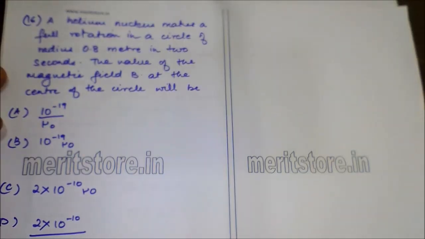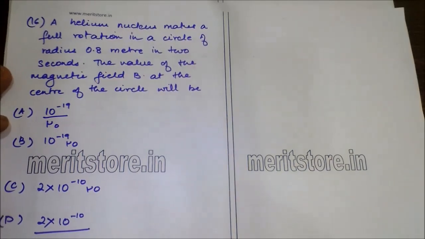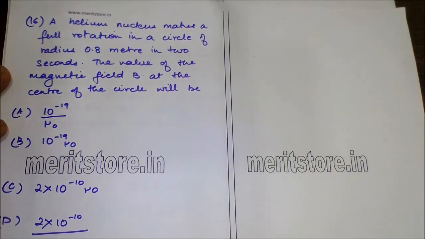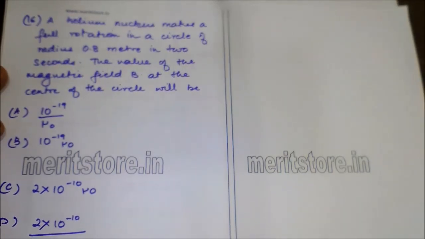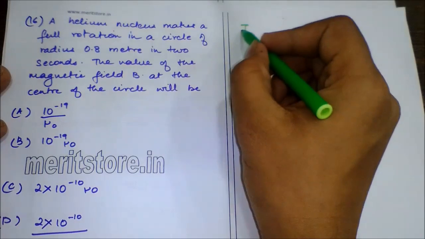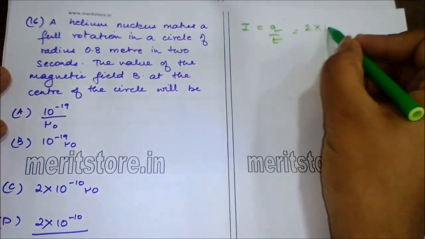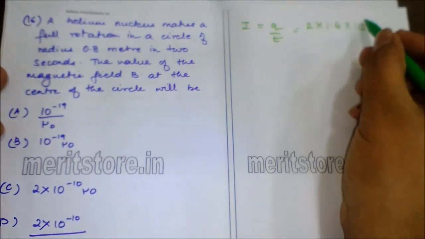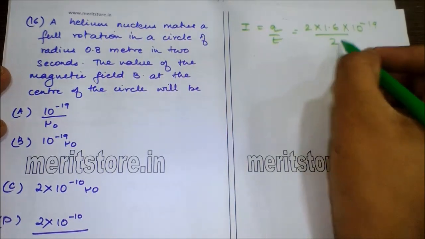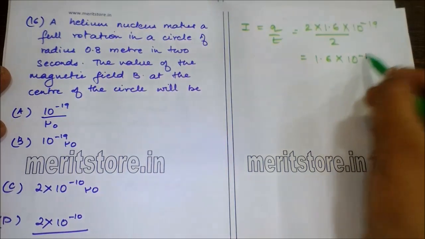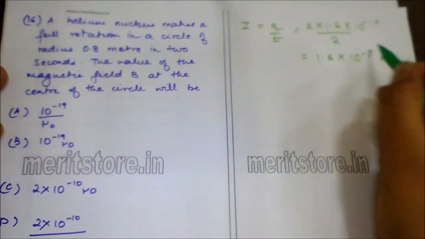Question number 16. A helium nucleus makes a full rotation in a circle of radius 0.8 meter in 2 seconds. The value of the magnetic field B at the center of the circle will be. So I is equal to Q by T, that is 2 into 1.6 into 10 raised to minus 19 upon 2, that is equal to 1.6 into 10 raised to minus 19 ampere.